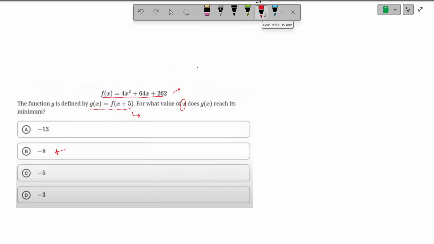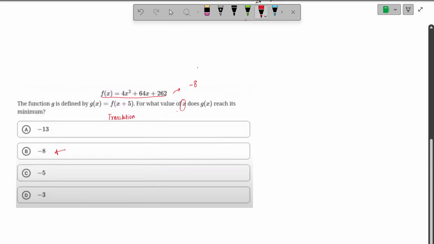You could also have done this question without plotting the graph of this function. Once you know that the x value for f of x is negative 8, then in g of x there is a translation going on.